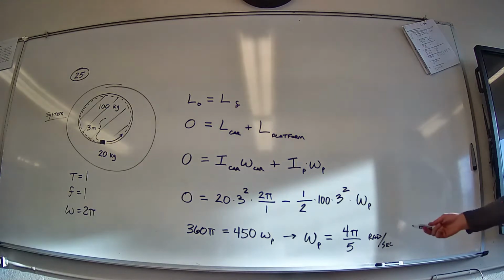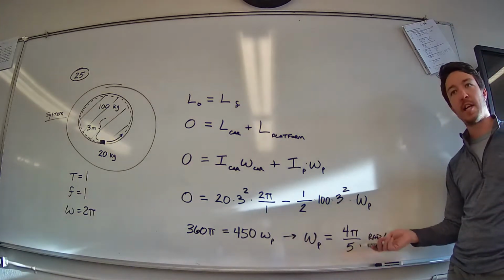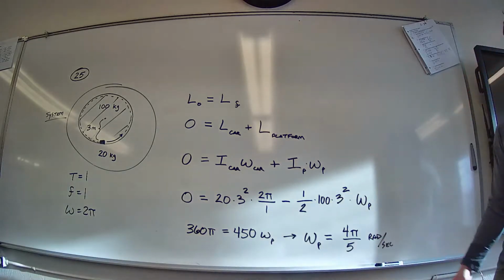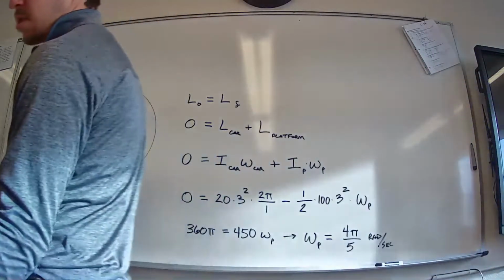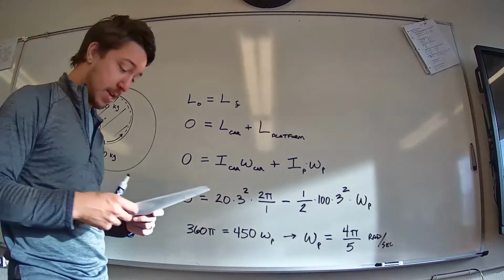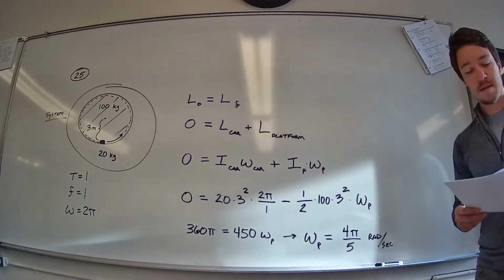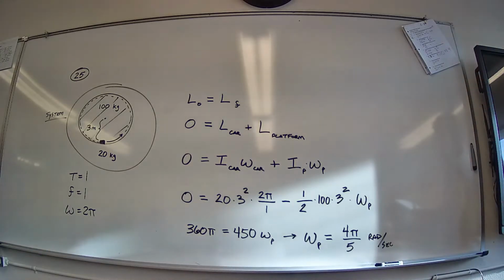Now, why would I write it this way? Why wouldn't I just have the calculator tell me it's 2.8 or whatever it is? Why is this superior? It's exact, yes. And it's going to answer the question in a way that makes a little bit more sense, I think, because the way the question's phrased is, at what rate will the carousel be rotating?